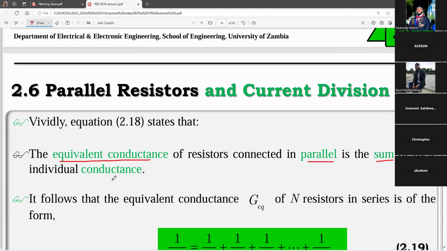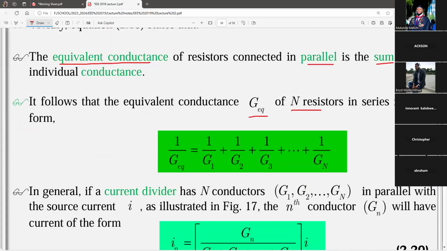Okay, and it also follows that the equivalent conductance of n resistors in series will take the form of the equation shown in 2.19. So if resistors are connected in series, their conductances are combined in this manner here.